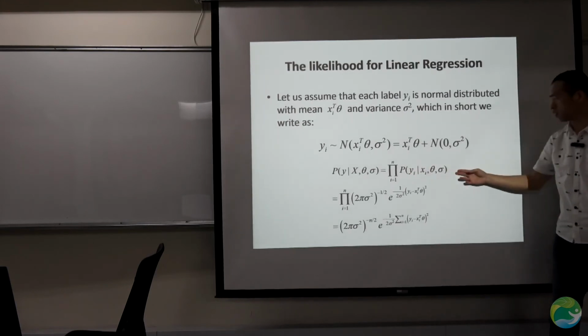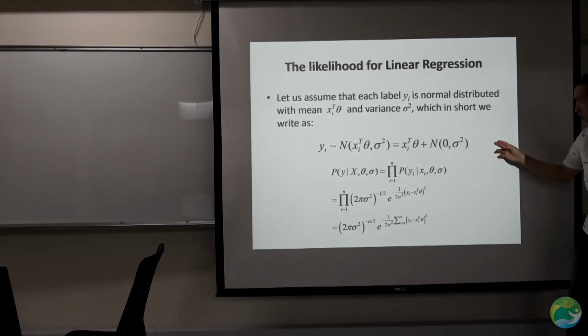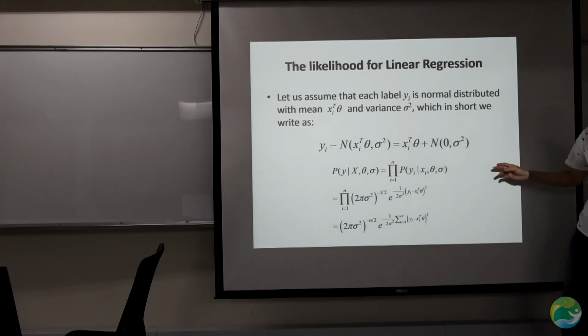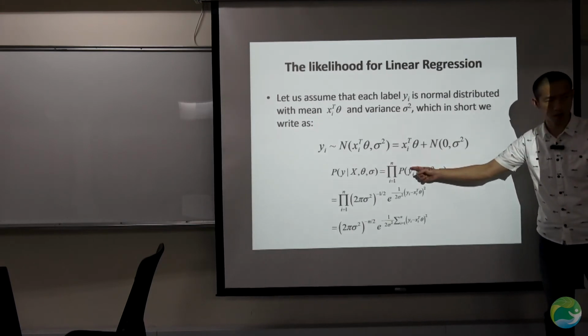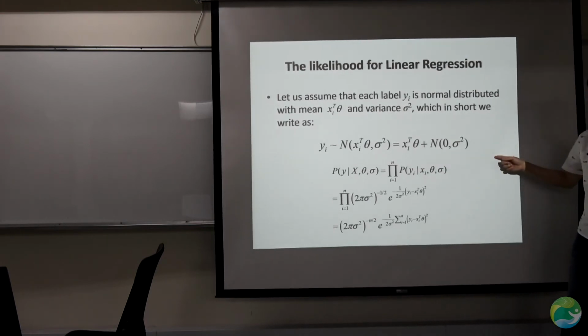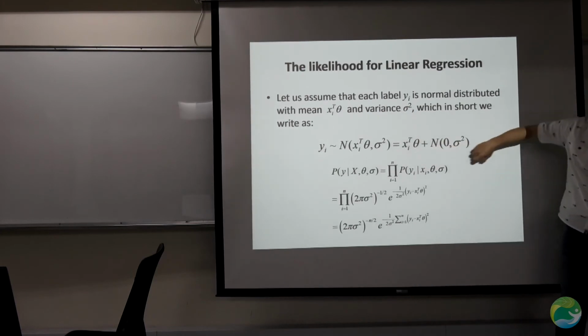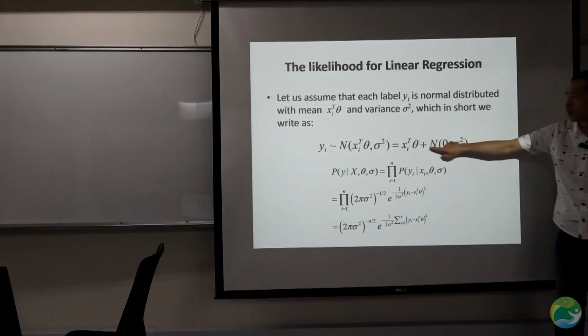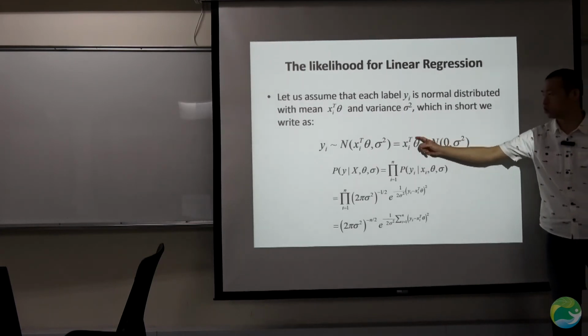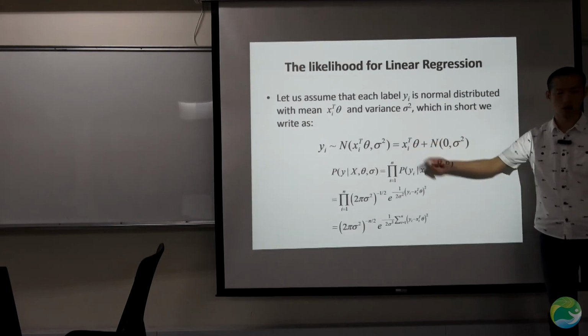A row vector multiplied by a column vector. So each cell multiplies the corresponding cell and sums up together, right? So this is matrix notation.